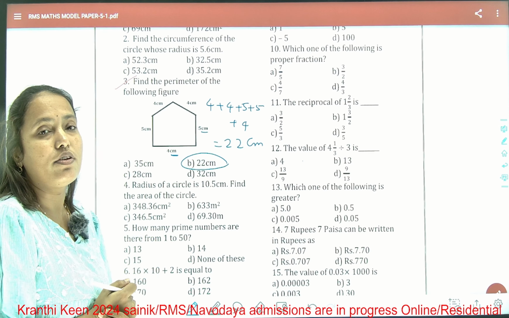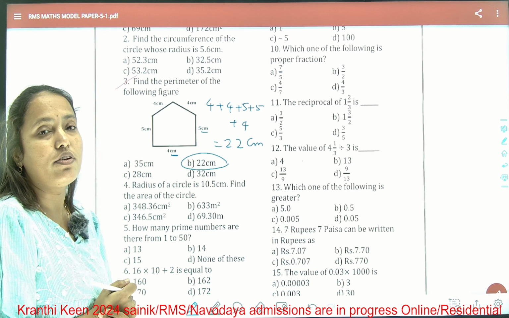And next, here, one more question. I told you, most of the questions this time they are covering are in geometry. Yes. Here one more.